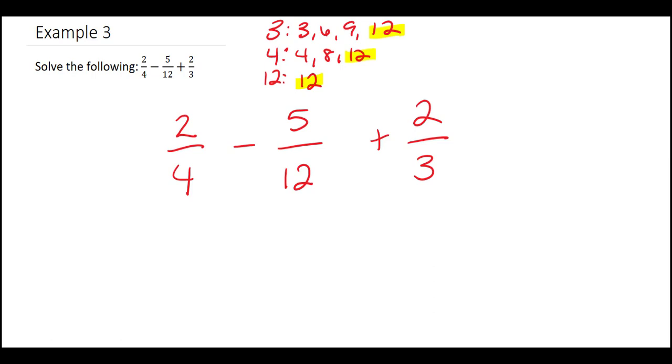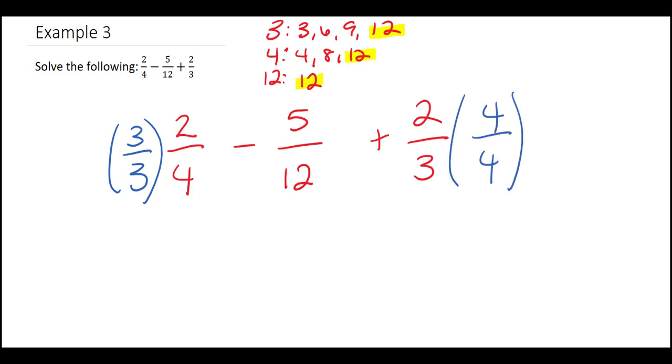We're going to multiply the first fraction by 3 over 3, so we can get 12 on the bottom. The second term, we're not going to do anything with. We can leave it as is. And the third term, we're going to multiply by 4 over 4. Then we multiply what's on the top and what's on the bottom.